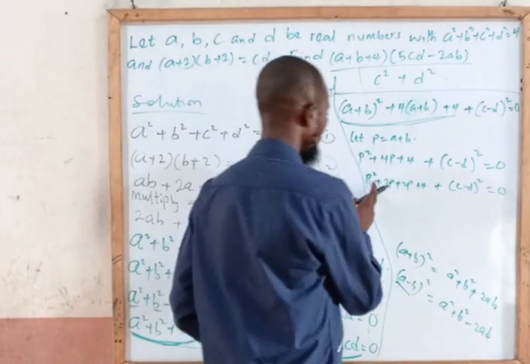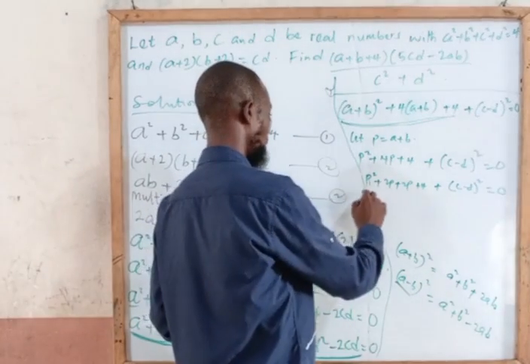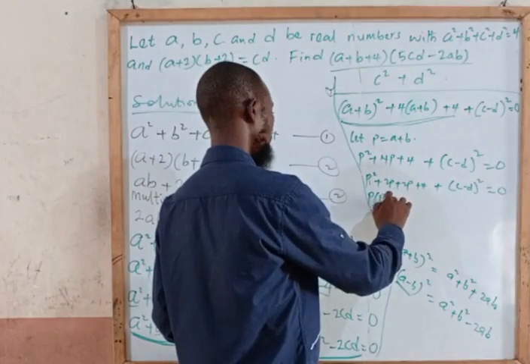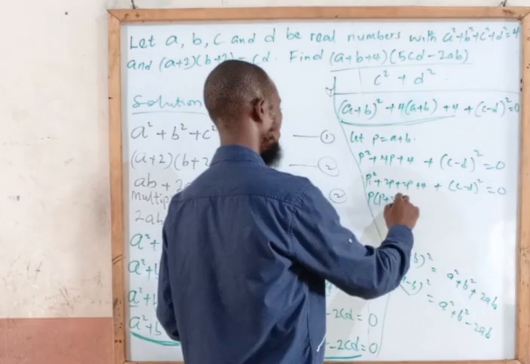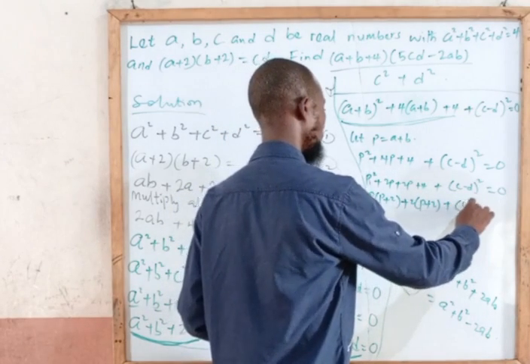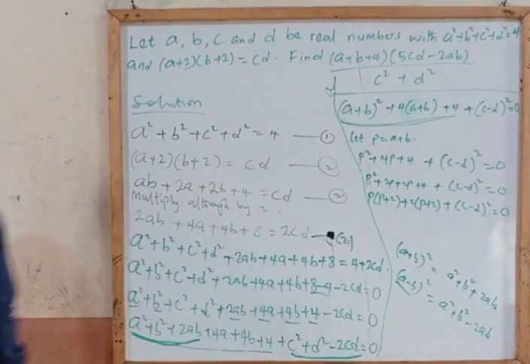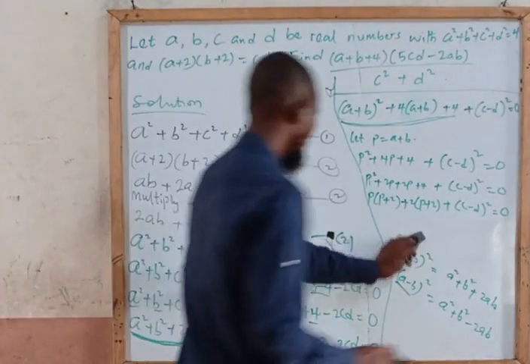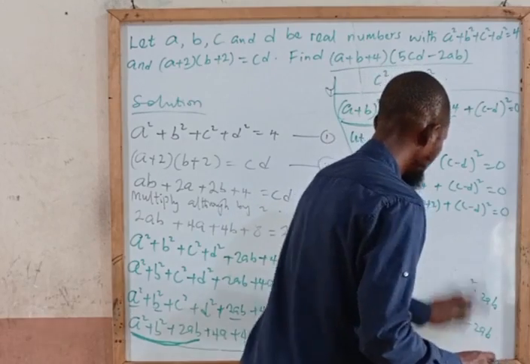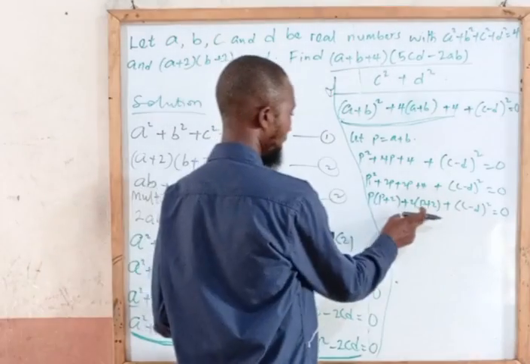Alright, if I go ahead with my factorization, we can see p is common. I can say p into p plus 2, and 2 is common here, plus 2 into p plus 2, then plus c minus d squared is equal to 0.